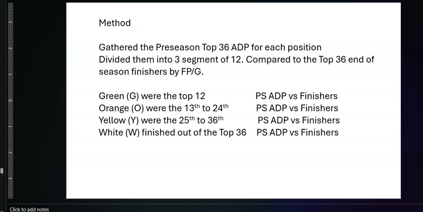Next 12, 25th to 36th. And then out of the top 36, I will compare the preseason ADP to the postseason or end of the season, EOS, fantasy points per game. So how good is the ADP for us to draft by?